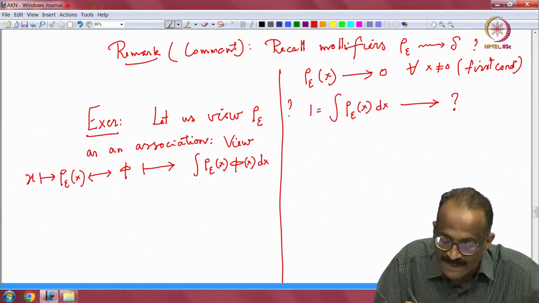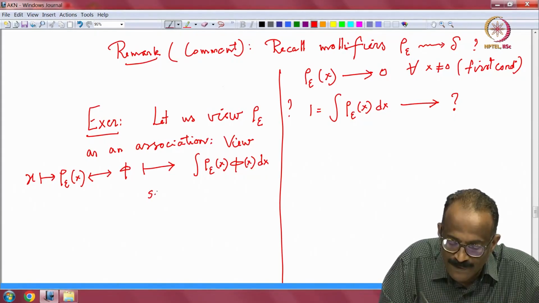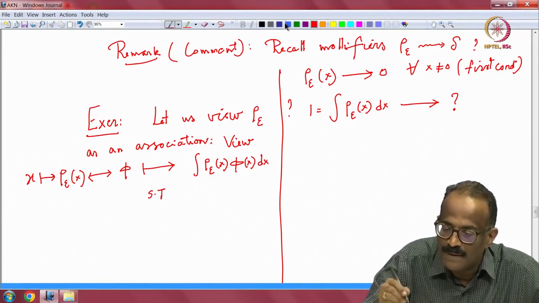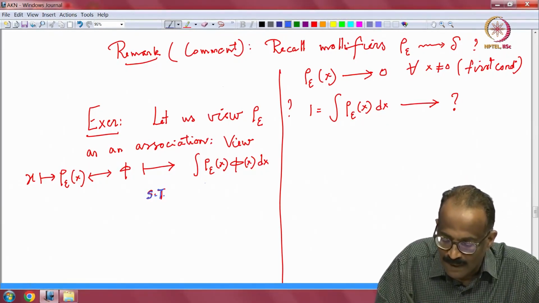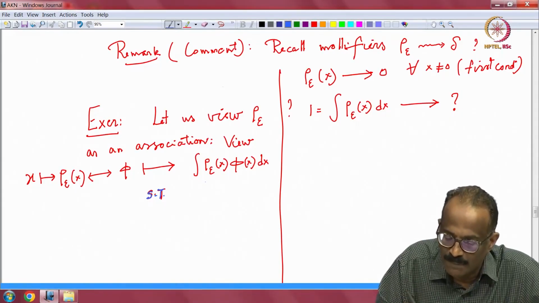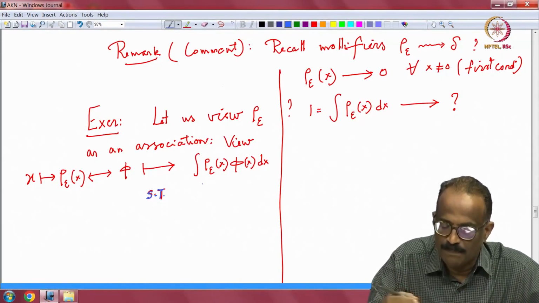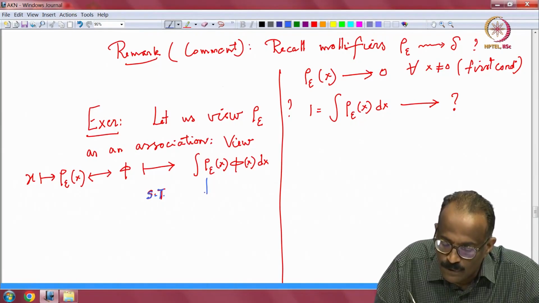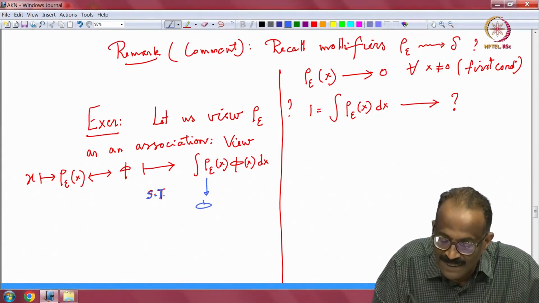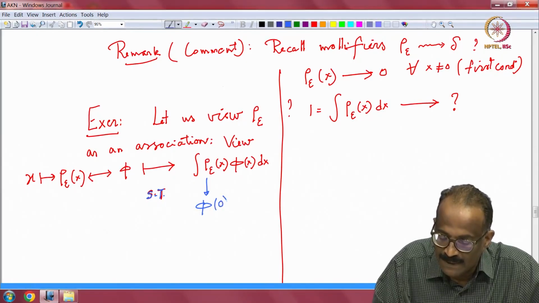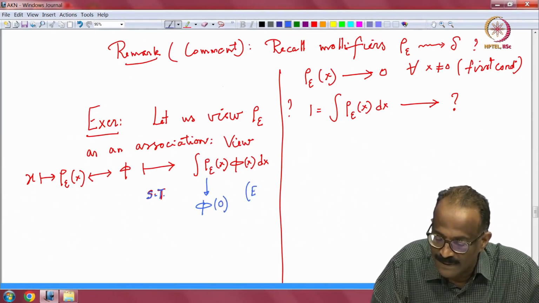So the exercise is to show that this goes to phi of 0. Maybe it is already in your assignment in the preliminaries. This requires some study. This is your exercise.